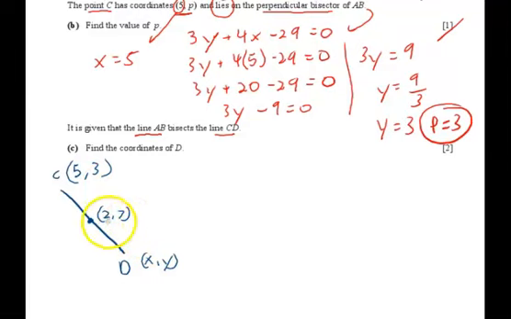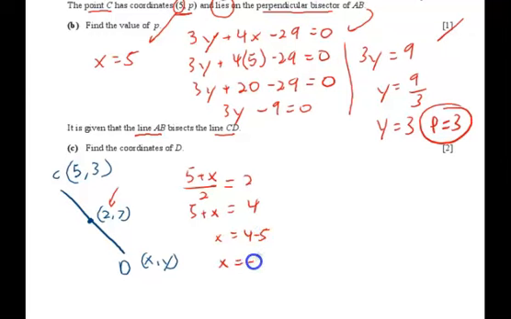So to find the 2 here, same midpoint formula. So 5 plus X divided by 2 equals 2. You get 4, so X is minus 1.